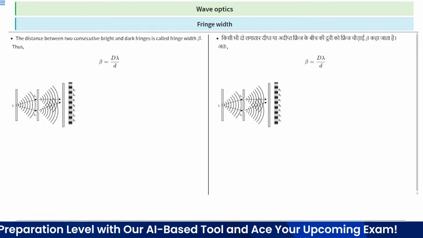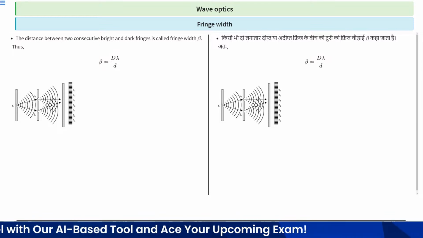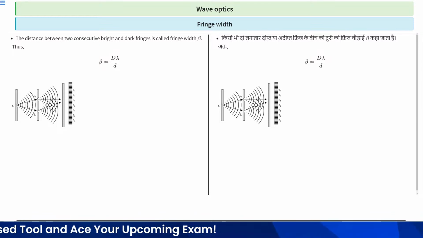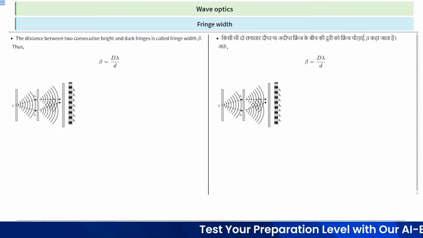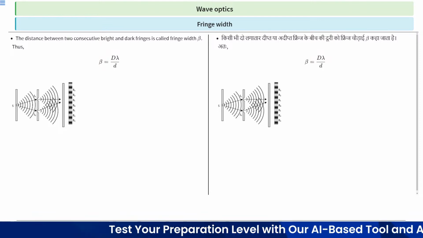And when S1 and S2 spread out and give minimum intensity, there is a destructive interference. So both interferences are important for the exams.